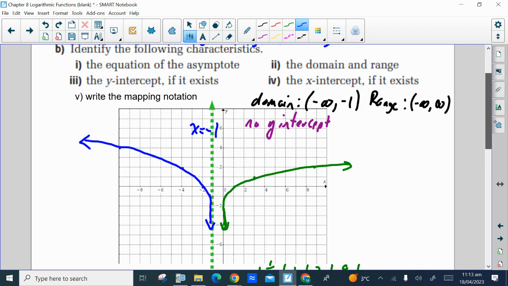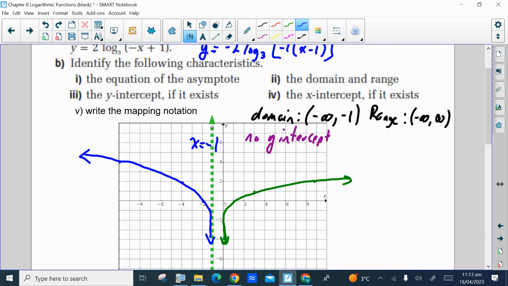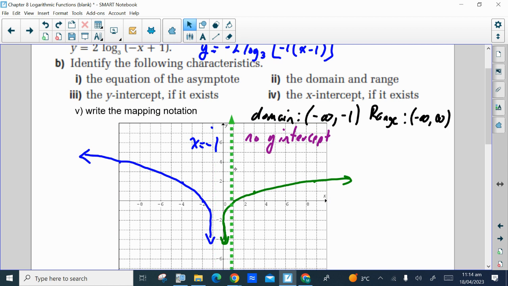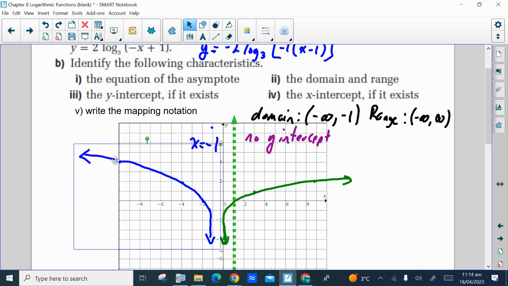So when we look at our graph, the asymptote is at +1. And these points are all going to move one to the left.